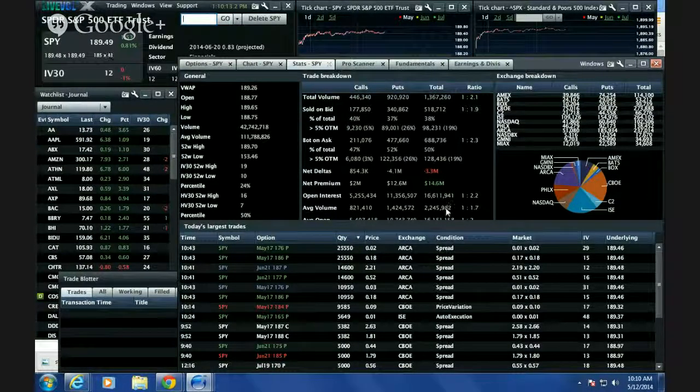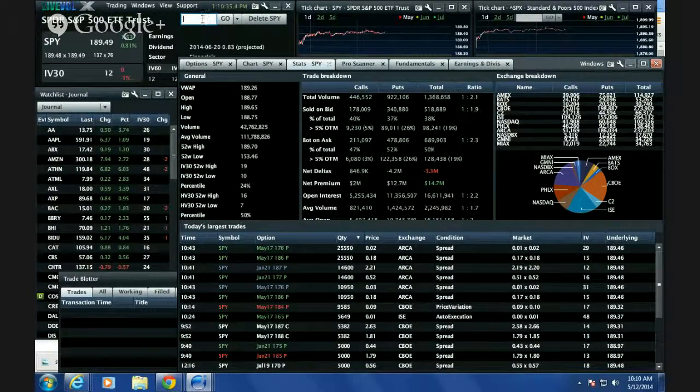So it almost seems like people are expecting SPY to move, maybe not exactly clear where or when. As you can see, there's 2-to-1 puts, and basically they're betting negative delta.